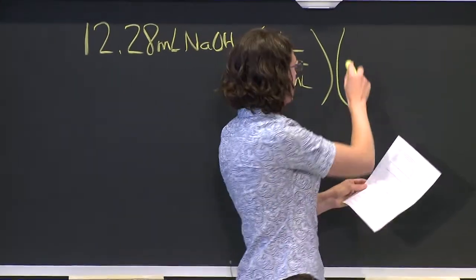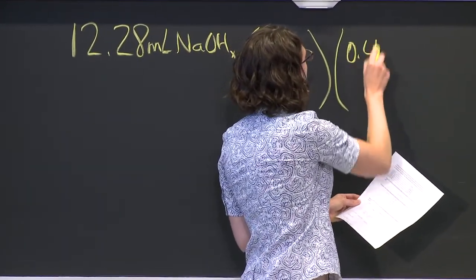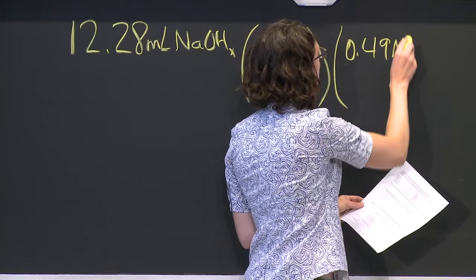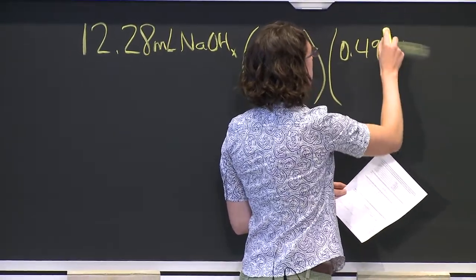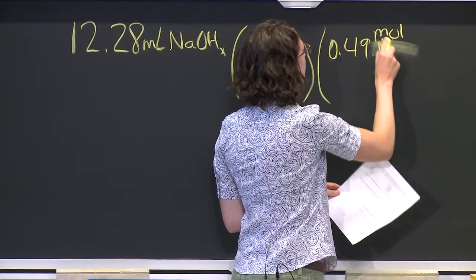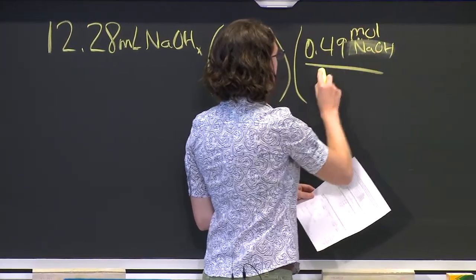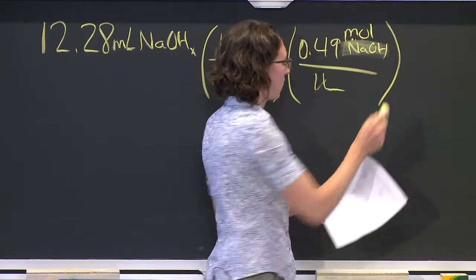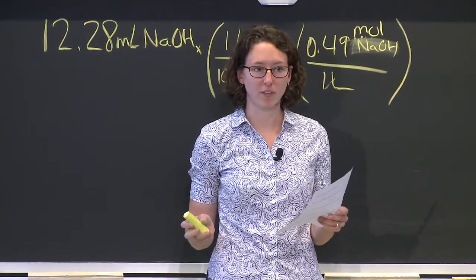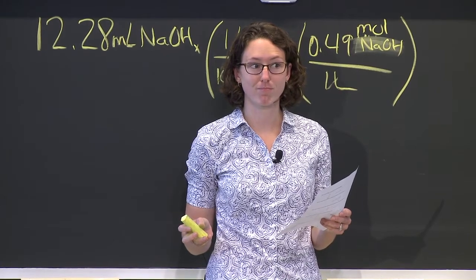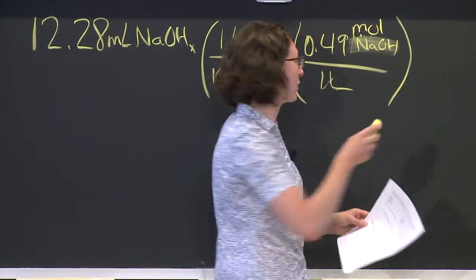And then we can use our molarity to get moles. I guess we could do that as moles of NaOH in 1 liter. And then we can go from moles of NaOH to moles of HCl. What's our molar ratio? Too easy, 1 to 1, yep.